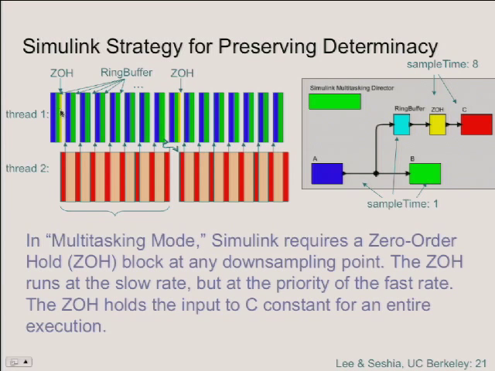Yeah? When you said something like precedence, like you say zero-order hold has to complete both edges. Yes, so that would be putting in an interlock between the zero-order hold and the thread. So the way you would implement that is that upon execution of the zero-order hold, you would set a semaphore saying zero-order hold has executed, and then in thread 2, at the beginning of each execution of the red, you would block on that semaphore, right?